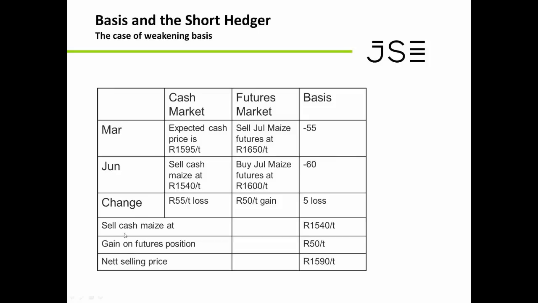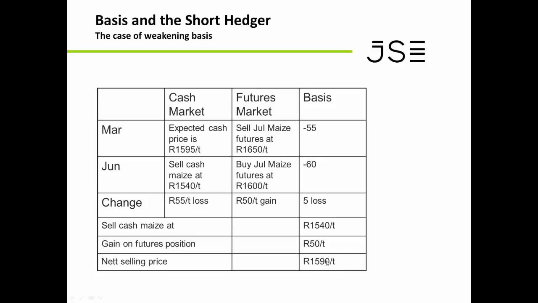So let's look at the hedger's position. He sells his maize in the cash market at the going price, which is now 1540, which is that price we saw there in June. He gained 50 rand from the futures market, and the expected cash in his pocket would then be 1590.